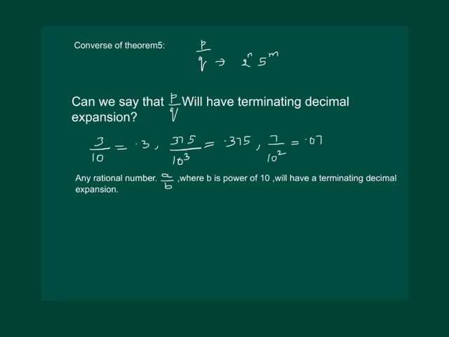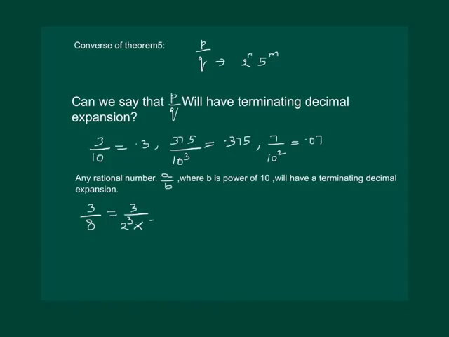Say we have a rational number 3 by 8. Now here 3 and 8 are co-primes. We can write it as 3 into 2 cube.